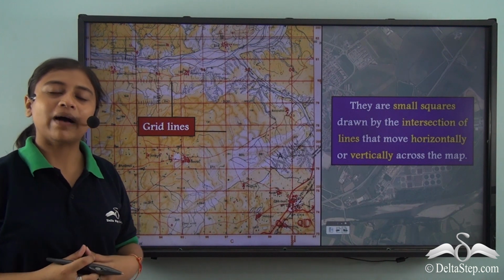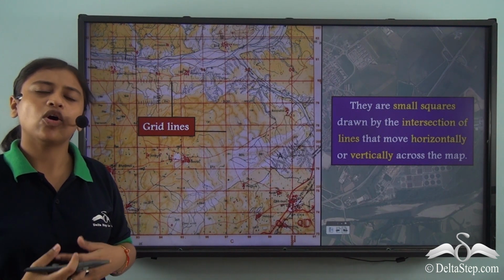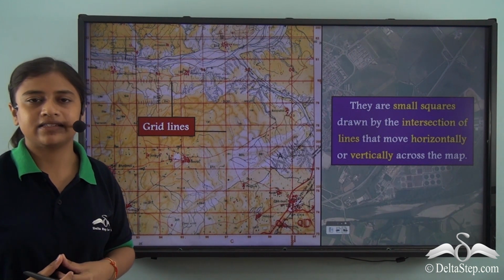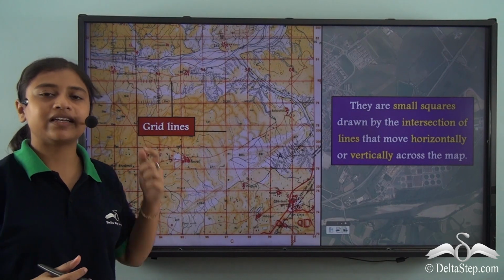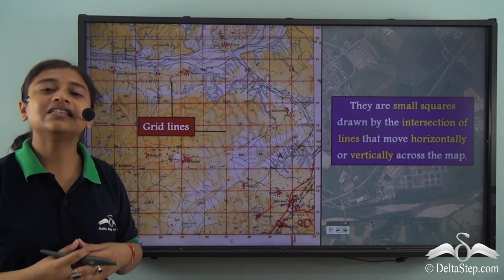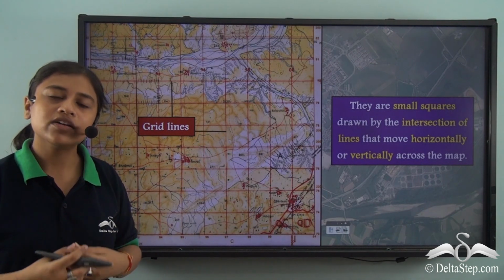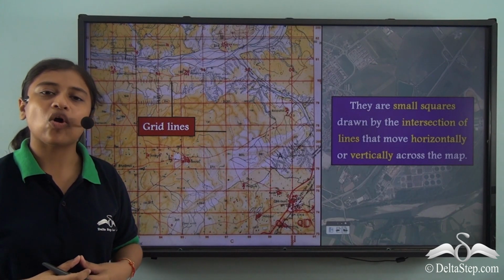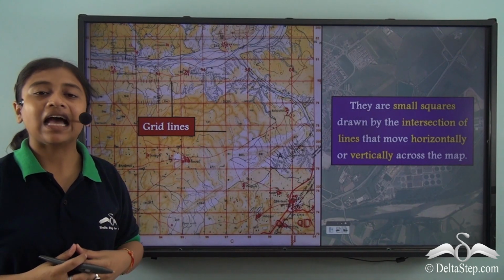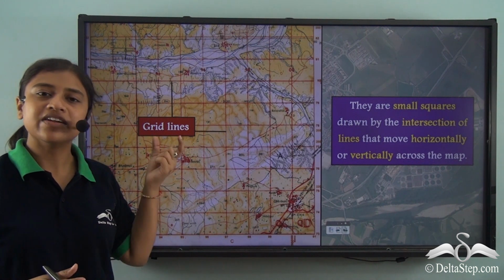Now, let us go back to a feature that we already learnt in our previous lesson: the grid lines. We understood that grid lines are vertically and horizontally drawn lines on the topographical map, usually represented in red color.